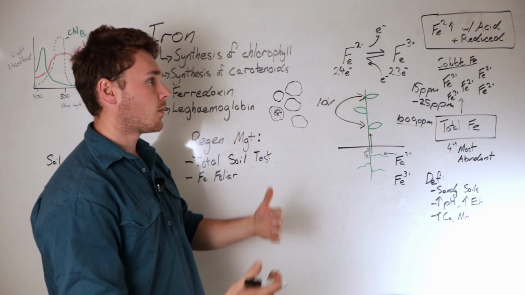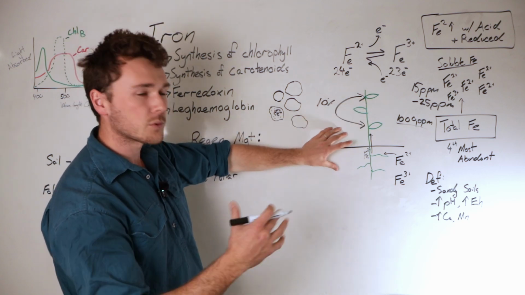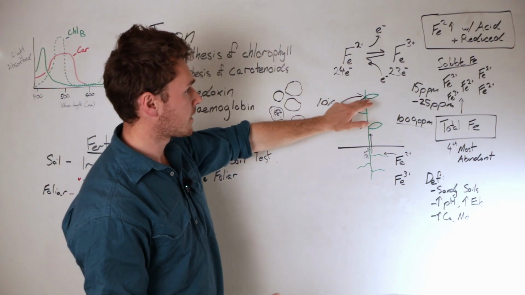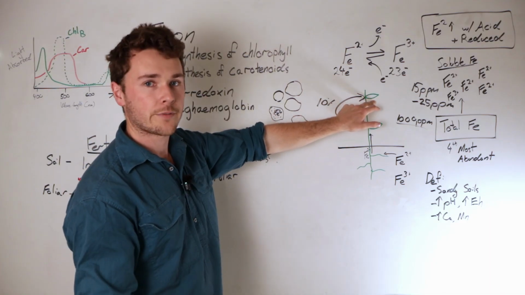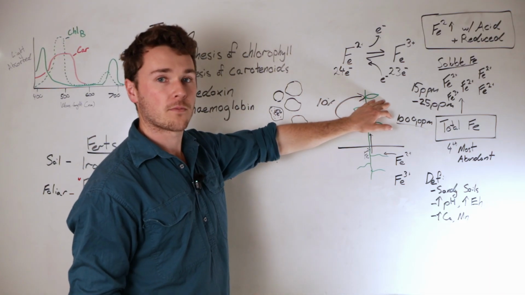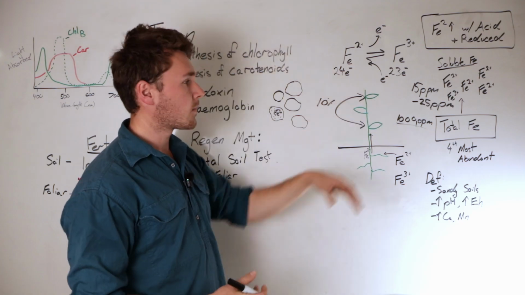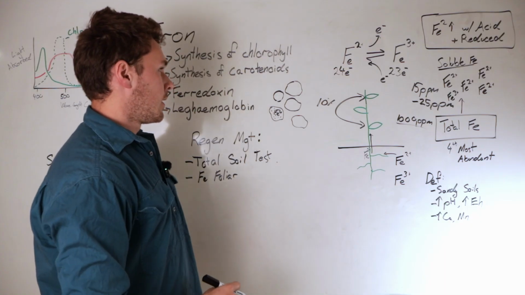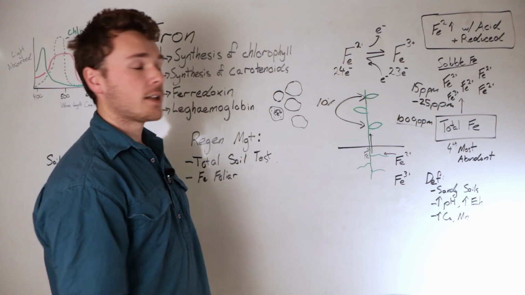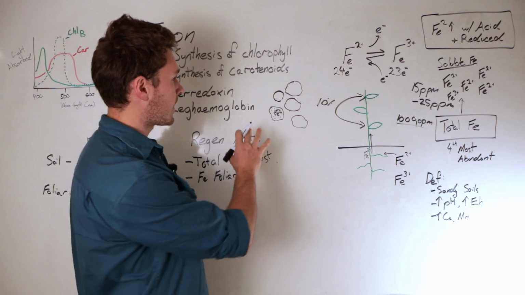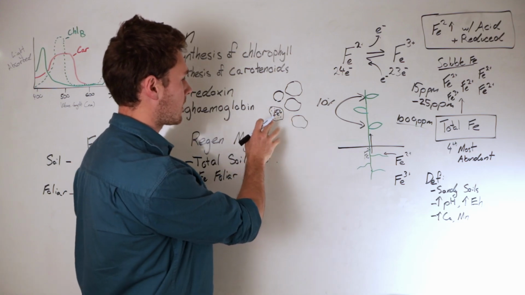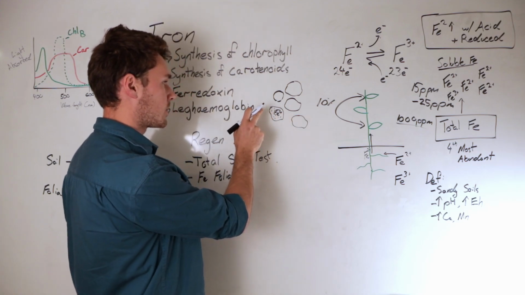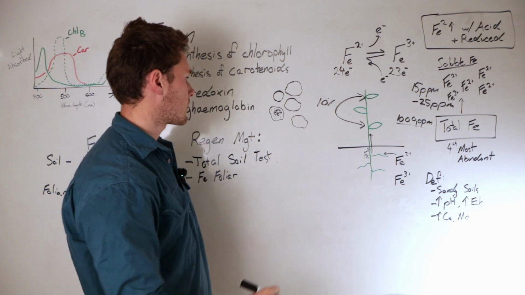As it dries up, it will oxidize, and then the tap will turn off for iron, which means your younger leaves will become iron deficient. And the younger leaves are super important for photosynthesis. They're the most photosynthetic leaf of the plant. So we want to make sure our plants get a continuous supply of iron, which means the soil needs to contain a sufficient amount of iron 2, which means there needs to be little pockets of reduced soil.